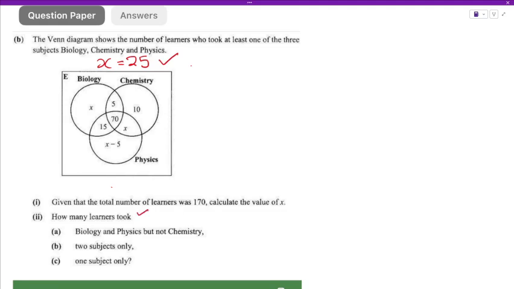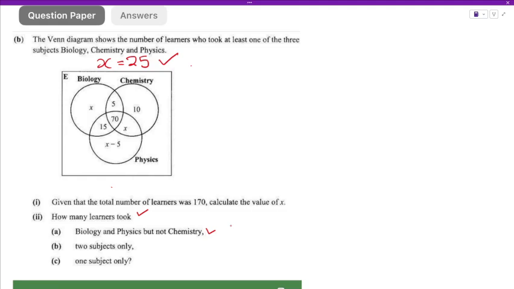How many learners took biology and physics but not chemistry? Here we're looking at mathematics, but there is a bit of English we need to understand very well, because if you miss it here, we'll end up finding wrong values.